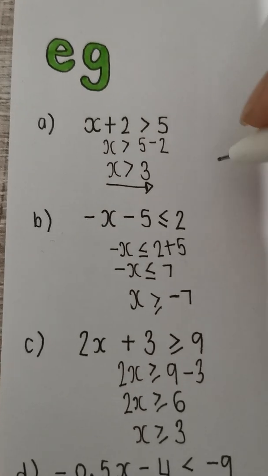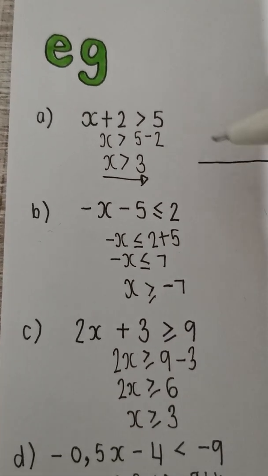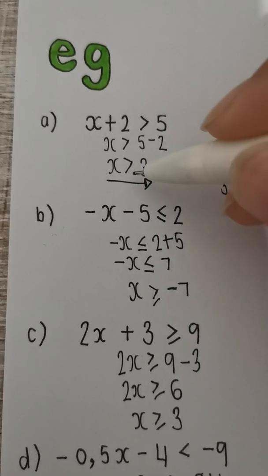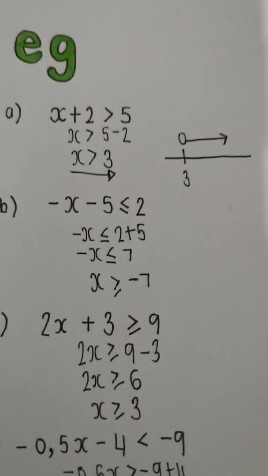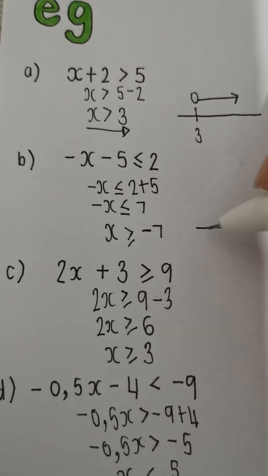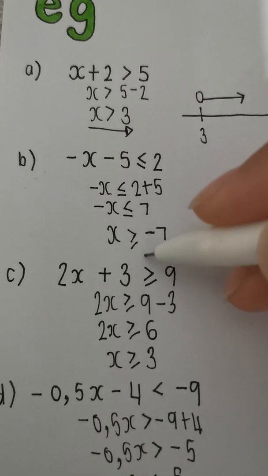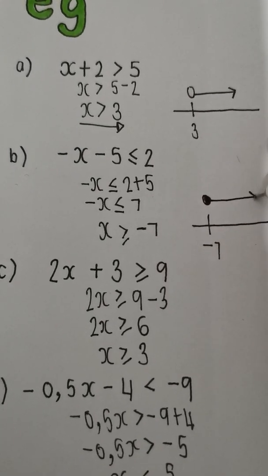If it says x greater than 3, it means, so I'm going to assume for all of these are real numbers, okay? Greater than 3, there's my 3, open dot because it's not included, all the numbers that way. Okay, I'm assuming they're all real numbers. This one over here, it says negative 7. This time it's included because it has the line underneath. All those numbers that way.